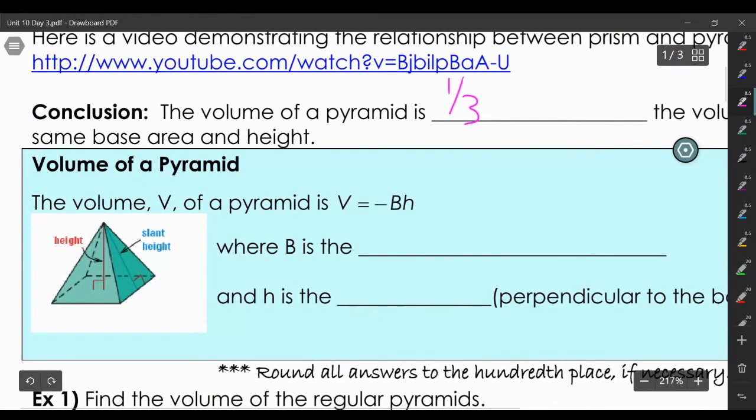So the volume of the pyramid is 1/3 times the area of the base. Remember, that's what our big B means, area of base.